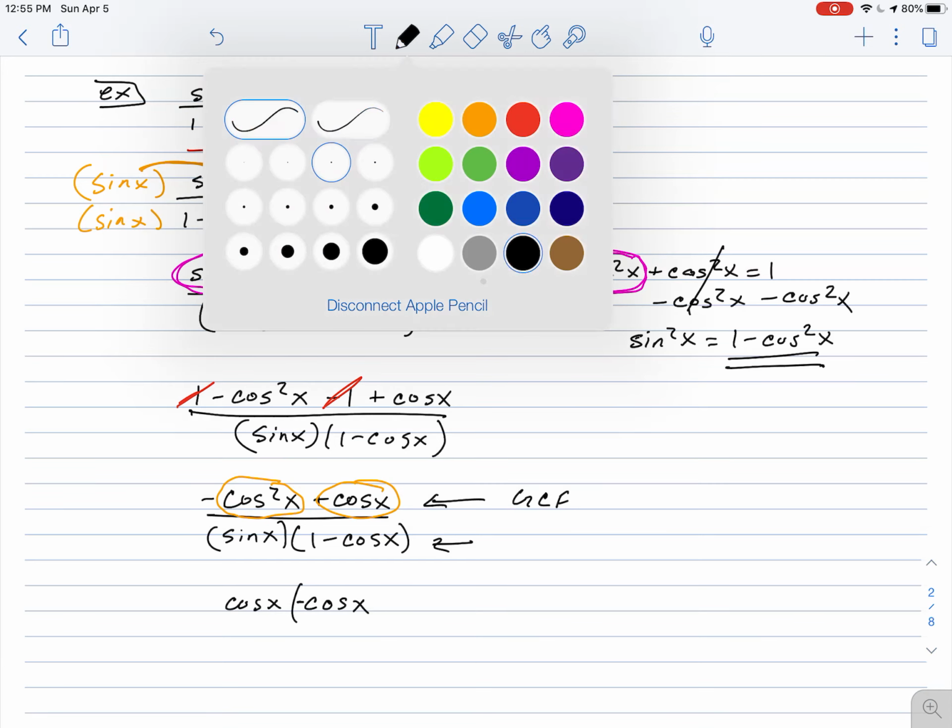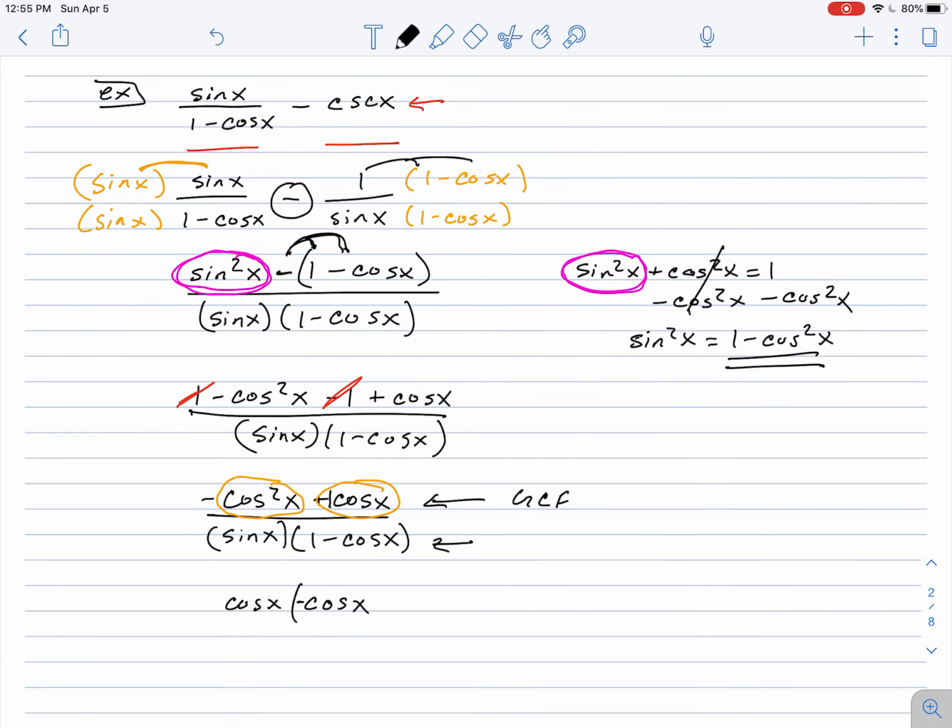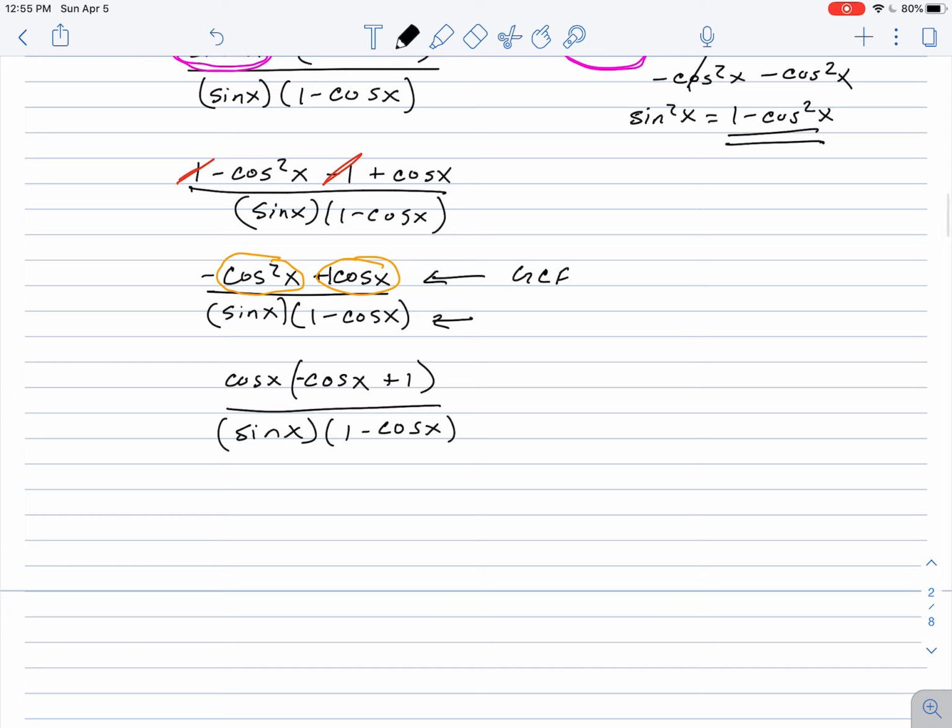So remember, there's an imaginary 1 in front of here. So the 1's going to hold the spot. Okay, now I'm uncomfortable with that negative sign in front. It's just not standard form. So I'm going to rewrite that a little bit. I'm just going to flip the order of that. This is 1 minus cosine x. Just put those in different order.